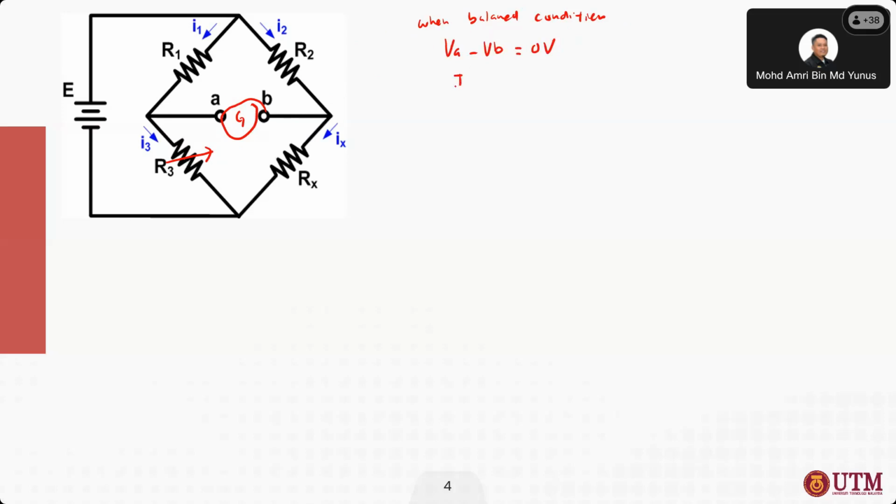Or we can say that IG, the current that flows here, is equivalent to 0 ampere. So that means points A and B are like an open circuit. That means there is no current. So when in balance condition, we can represent the circuit like this.